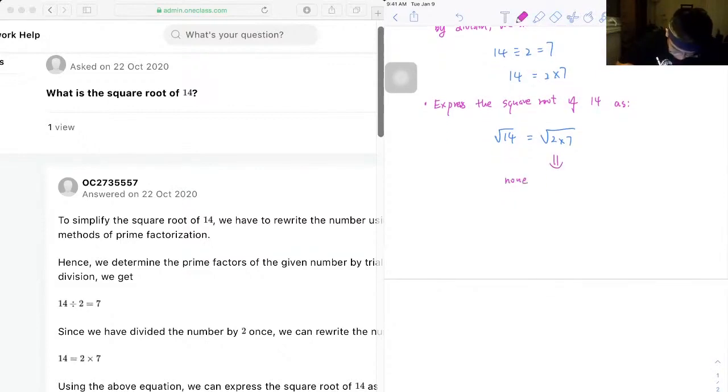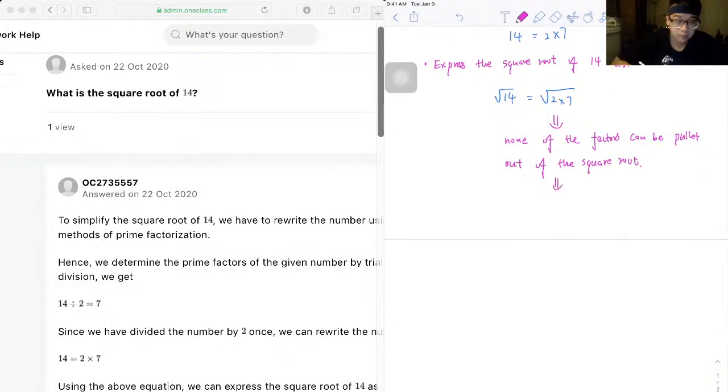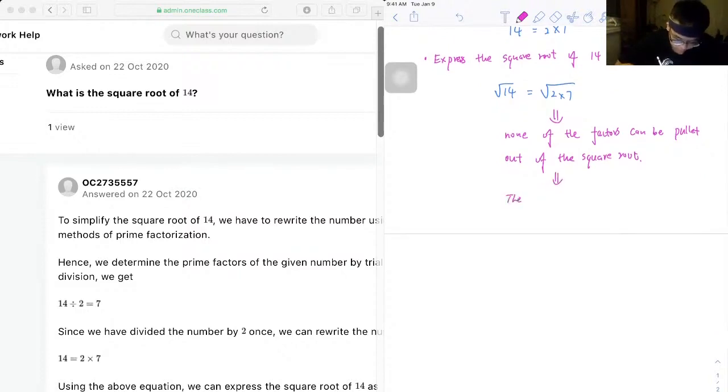None of the factors can be pulled out of the square root, which means the radical expression cannot be simplified.